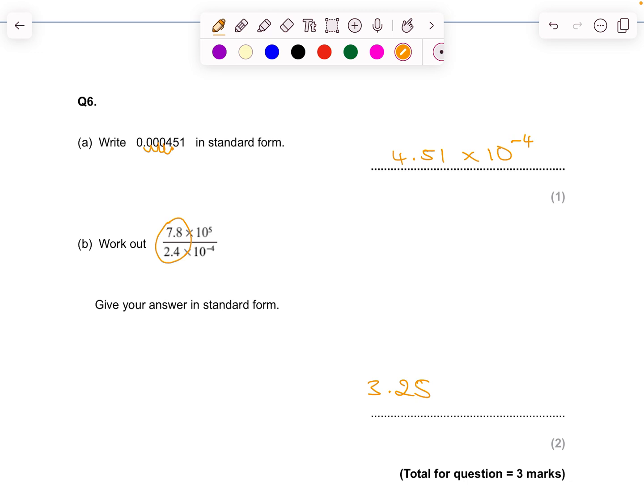Then remember, when we're dividing, what do we do to the indices? We subtract them. So we're going to do 5 take away -4, which gives us 9. So it's 3.25 times 10 to the power of 9.